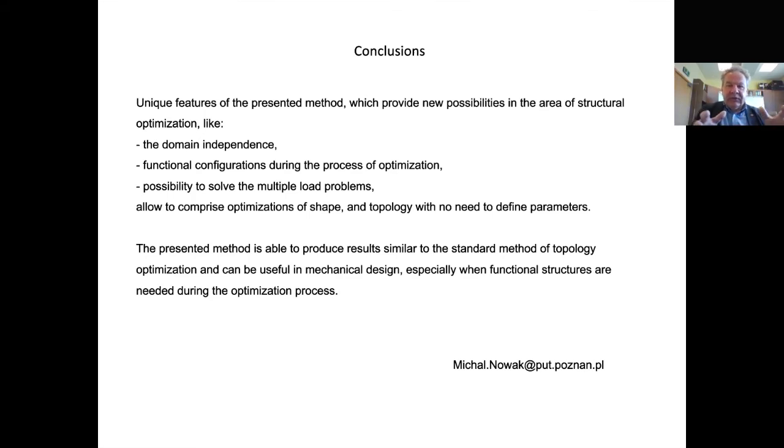If you change this domain, your computation has to be repeated. In this approach, there is no problem. You can start with the configuration you want. There is no problem to start with an existing solution, or with the whole domain filled by the material.